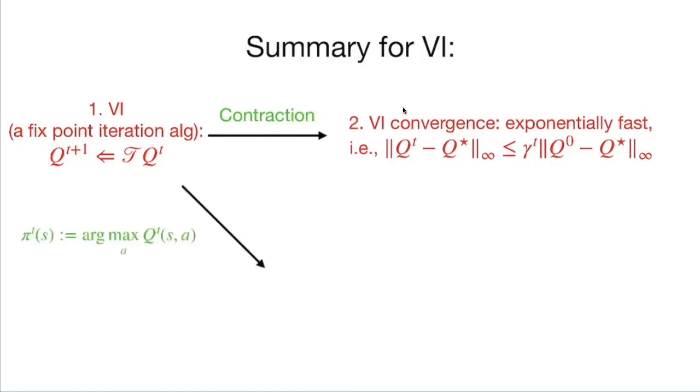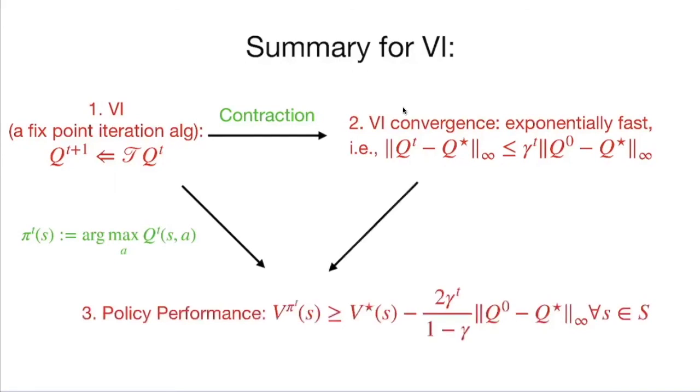And then we said, value iteration is computing Qt. So let's try to compute a policy, right? Let's pretend Qt is equal to Q star, and let's just use the argmax operator with respect to Qt as our policy. And then together with the convergence guarantee from the value iteration convergence analysis, we proved this policy's performance. In other words, V pi t is very close to V star, up to a term that scales exponentially with respect to the discount factor gamma.